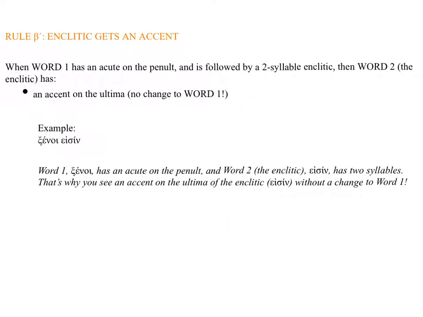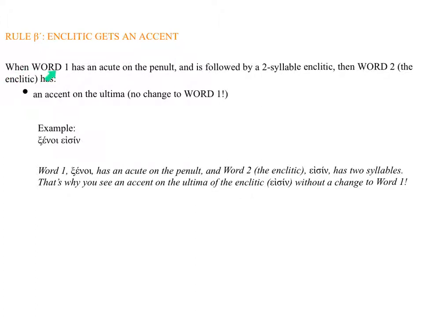Okay, rule 2 or rule beta. The enclitic gets an accent. When we were hanging out with rule alpha, word 1 was getting all of the accents and the enclitic was getting none. But here's a rule that deals with the enclitic getting an accent. So let's read the rule.